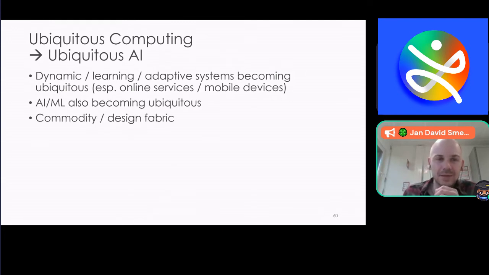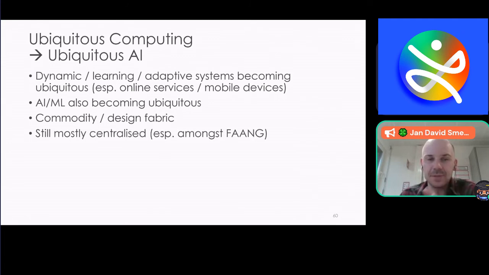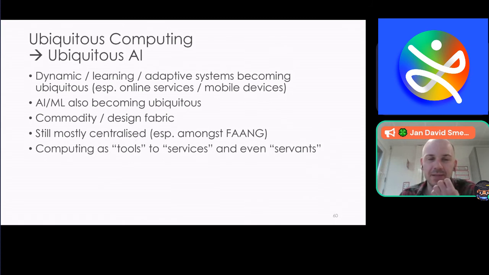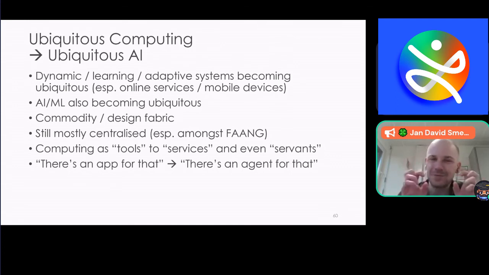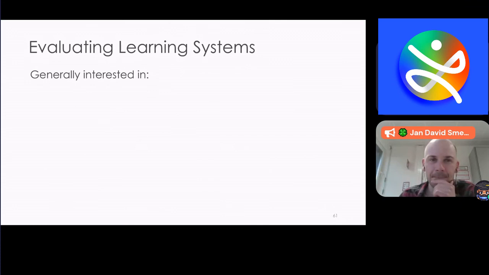And that really means, as I mentioned earlier, they are becoming widely available, commoditized to designers, to developers that are not experts on the underlying methods. Still mostly centralized, but it's a really impressive and fast development. So we're sort of moving from the idea of there's an app for that to there's an agent for that, and that changes how we do interaction design. That changes how we think about human-computer interaction.